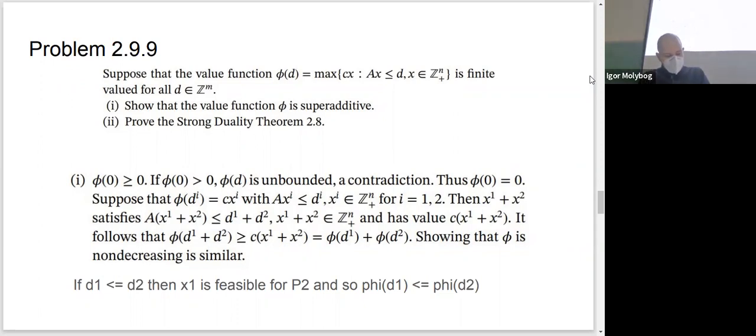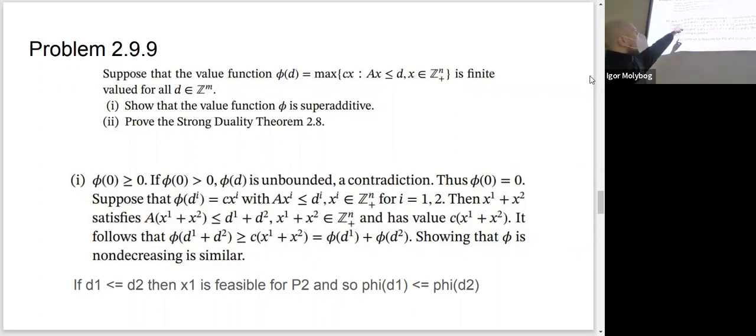First thing that we notice is that phi of 0 is greater than or equal to 0, just because putting x equal to 0 into that constraint satisfies it if the right-hand side is equal to 0, and therefore, since it is a feasible solution, the optimal solution cannot be less than that. Therefore, phi of 0 is greater than or equal to 0.